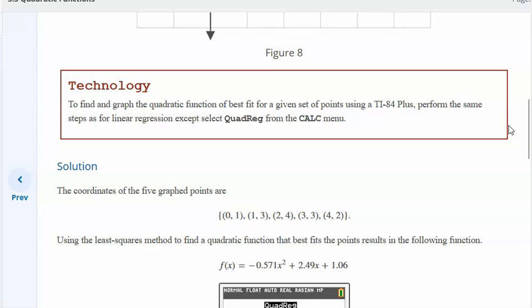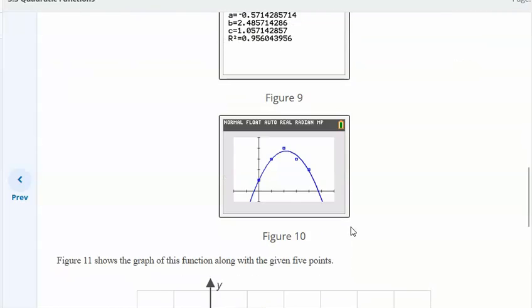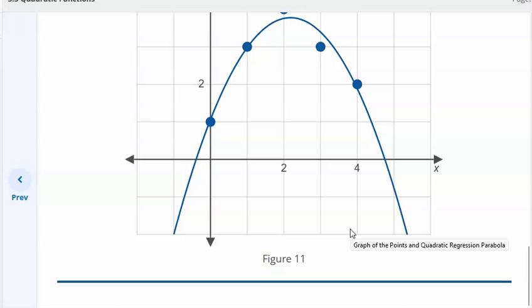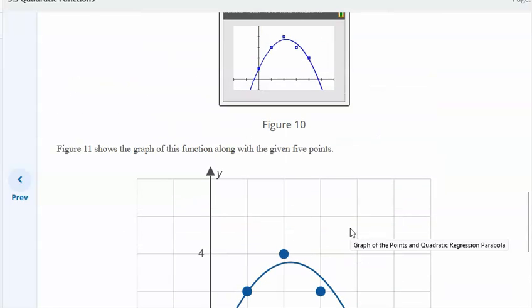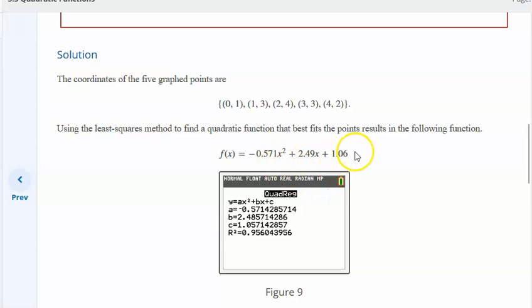Hopefully you're going to be able to use technology for this. These are the data points. And then once you put that into the system, showing you that technology, it gives you this function.